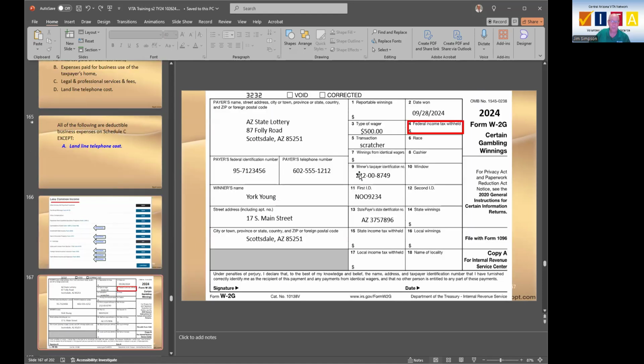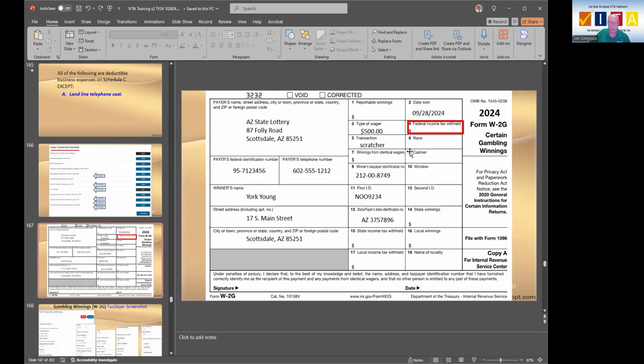Okay. Here's a form W2G. Always, it'll tell you what type of wager. When you input this into TaxSlayer, it's going to ask you what kind of winnings. This was a scratcher. It might say slots or something like that. Again, fill out all the information that's on that W2G and watch out for income tax withholding. If they win a lot, the casino is required to withhold income tax.